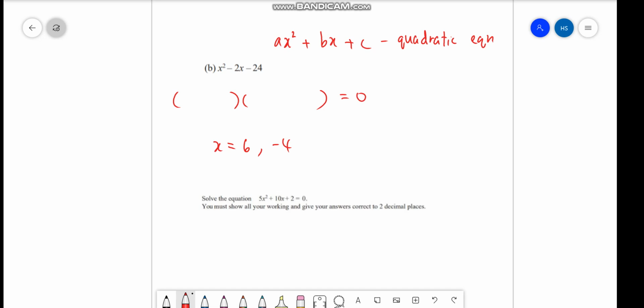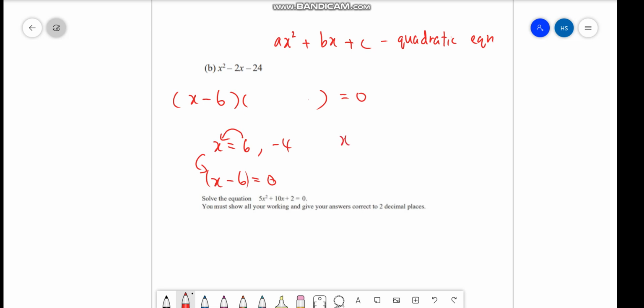First you draw two brackets. For the first one we have x equals to 6, so you move everything together and let the equation equal to 0. So if I move the 6 here, I get x minus 6 equals to 0. Which means the x minus 6 is the thing I want to fill into my bracket.